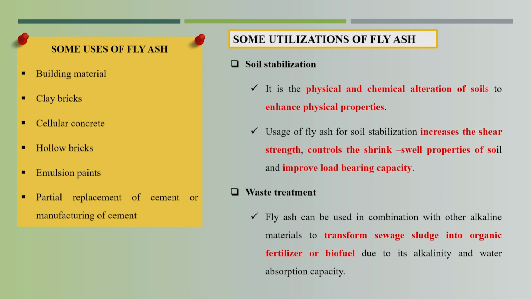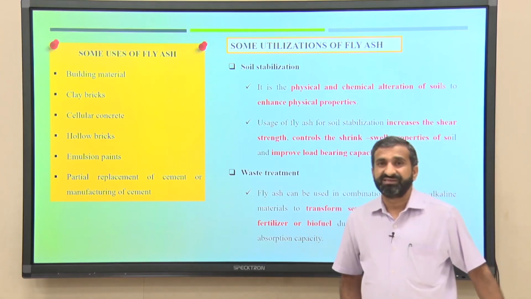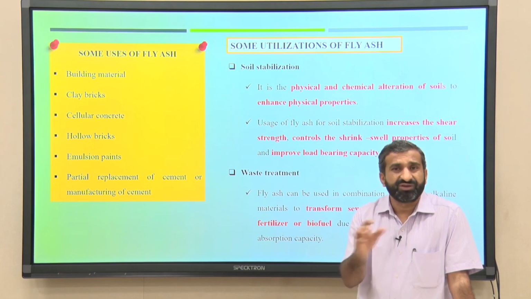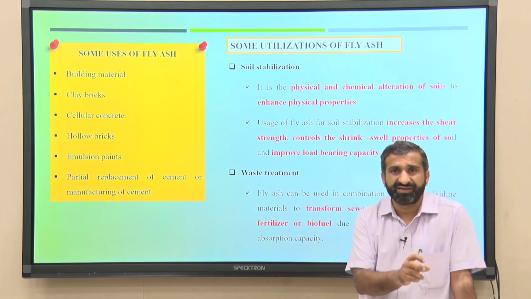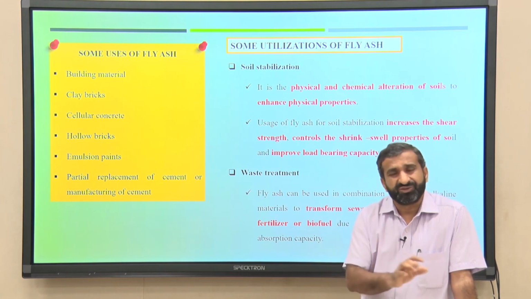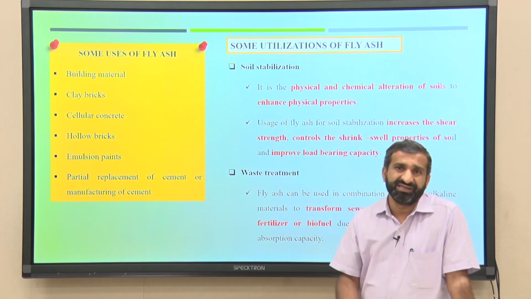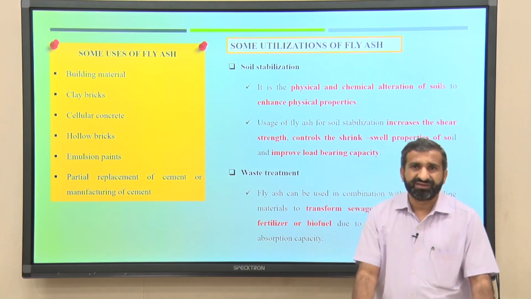In many countries, because they are running large composting facilities, and particularly the composting plants are using sewage sludge for composting, for that also one dry matter will be required, which will maintain the moisture content and also increase the bulking density of that particular material. So, these ashes could be utilized for such kind of areas in some of the developed countries.